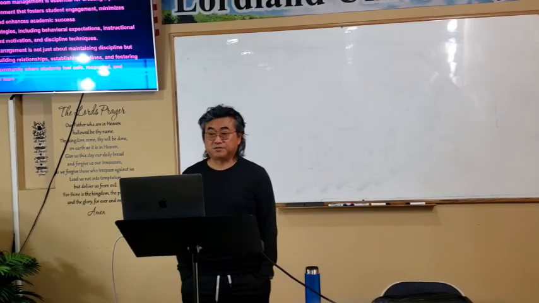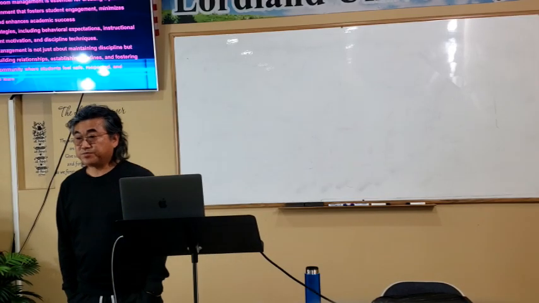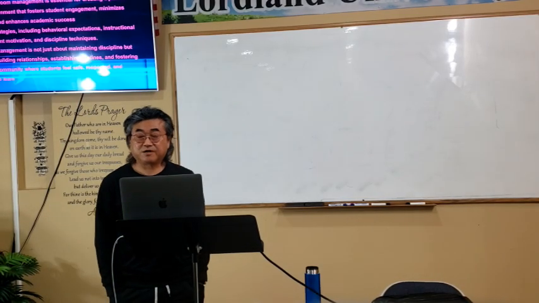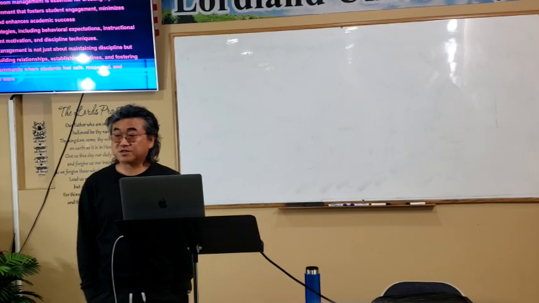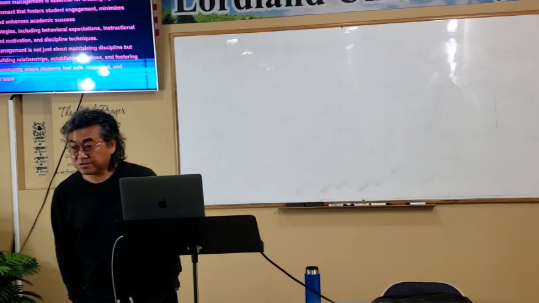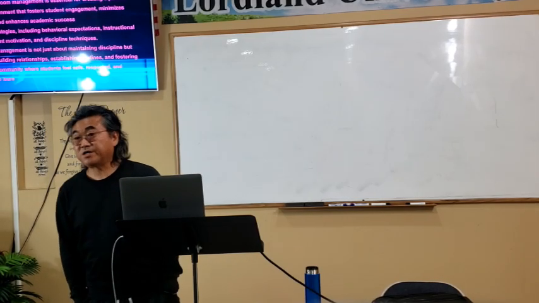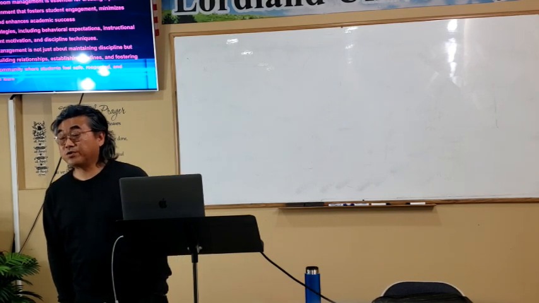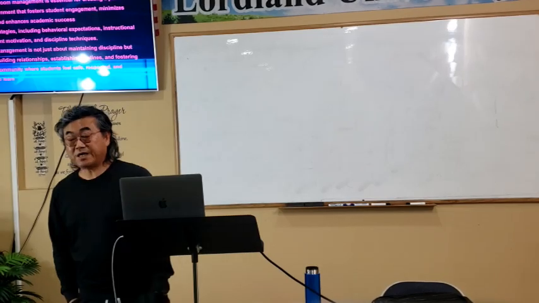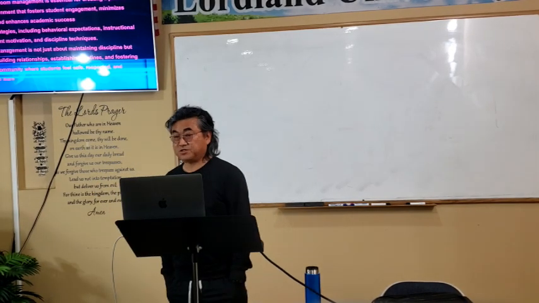Behavior. You have to watch students' behavior. Some students have good manner in classroom, right? They respect peer students, they respect teachers, right? They do good collaboration work with other students. That is behavior. So you have to watch those things too.